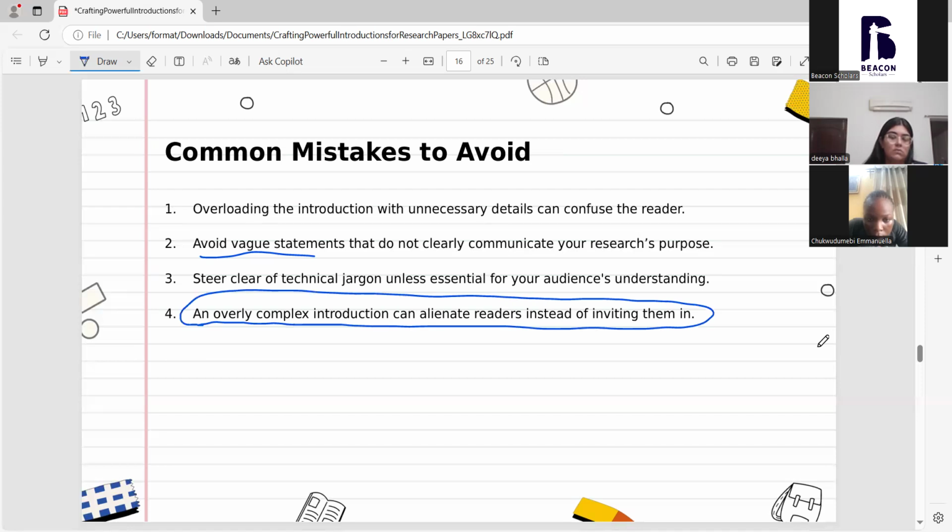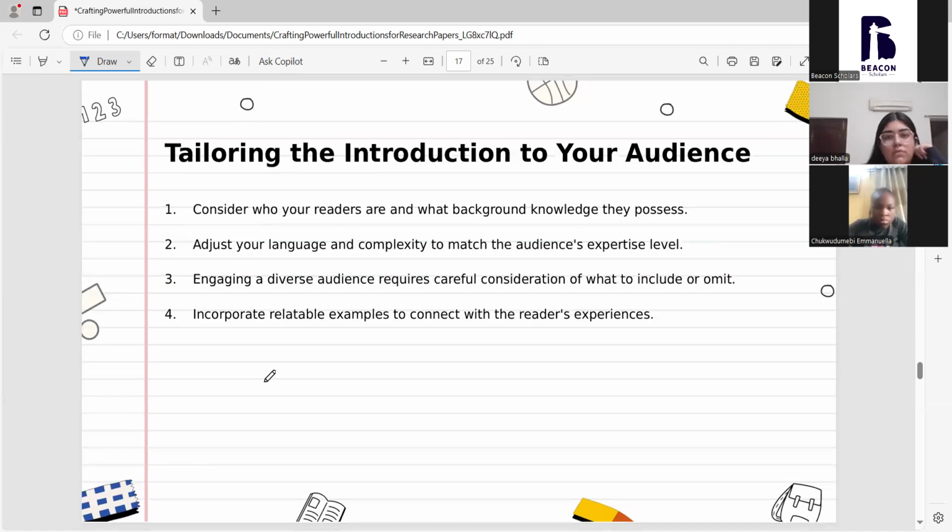Okay, any question on this slide? No. So next part, tailoring the introduction to your audience. Consider who your readers are, which I think will be aged from 20 to 40.